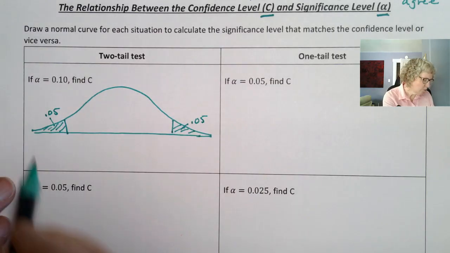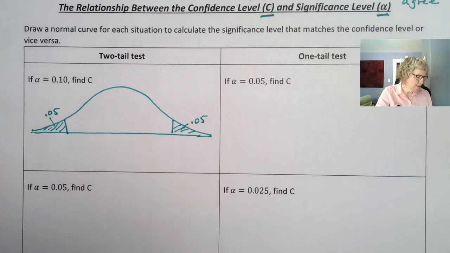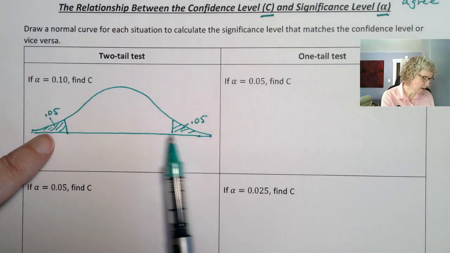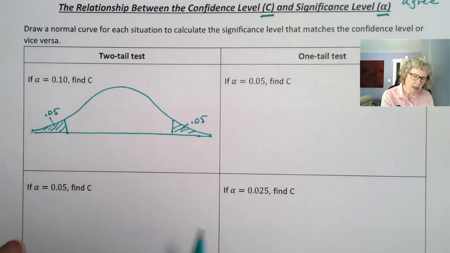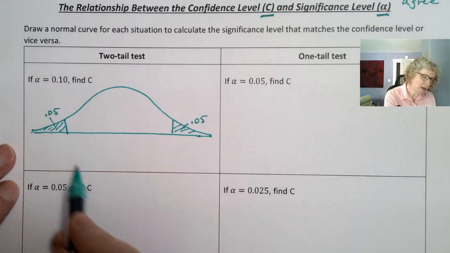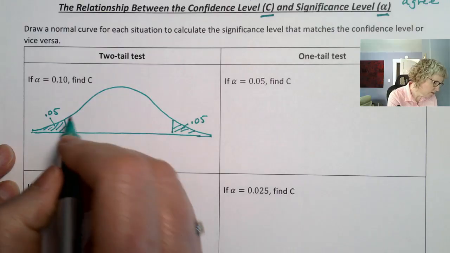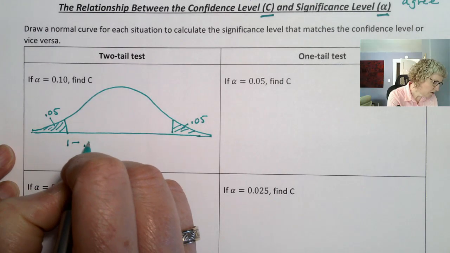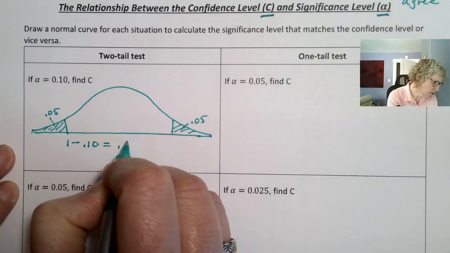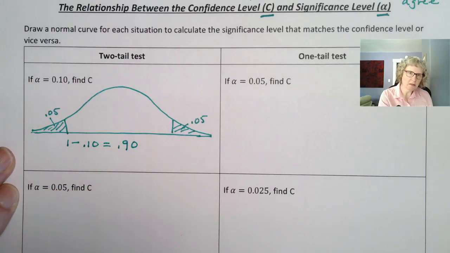Right, so if we're doing a two-tail test with alpha, we're adding up both tails, okay? So that would mean we could have up to 5% in each tail, okay? So then to find, and this whole area adds up to 1, right? So 1 minus 0.10, because that's both of those, equals 90%, okay?